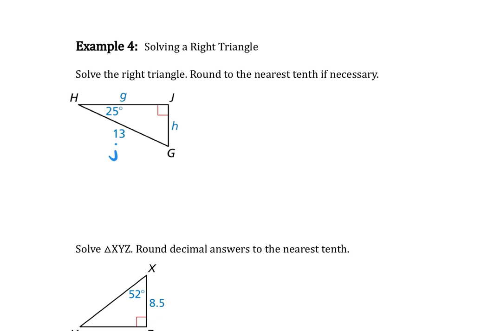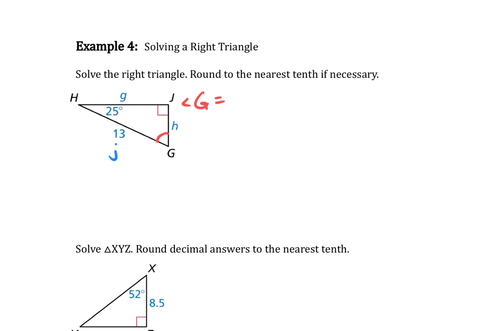Angle G. Good. Angle G should be pretty easy here. Because what do we know about the triangle? All the angles add up to be what? 180. And we already know this is 90. So that's taking 90 out.